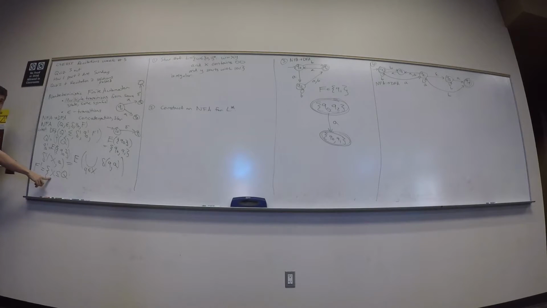X is an element of the power set, because it's just some subset. Right. This is the set of all subsets. All this really means is that it's a state of the DFA, so we can put it in the set of final states for the DFA here. But I'm going to exploit the fact that it's a set of states in the NFA, because then I can do intersection, whereas if it was just a state name, I couldn't do intersection.